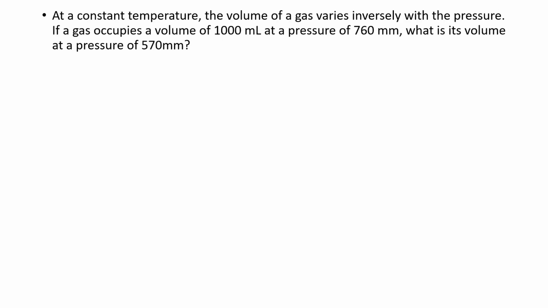At a constant temperature, the volume of gas varies inversely with the pressure. If a gas occupies a volume of 1000 ml at a pressure of 760 mmHg, what is the volume at a pressure of 570 mmHg? Ratio is 1000 ml, 760 mmHg. Then what is the volume?